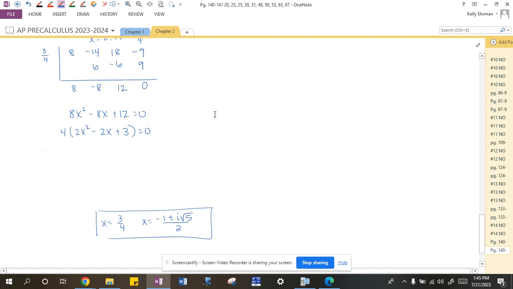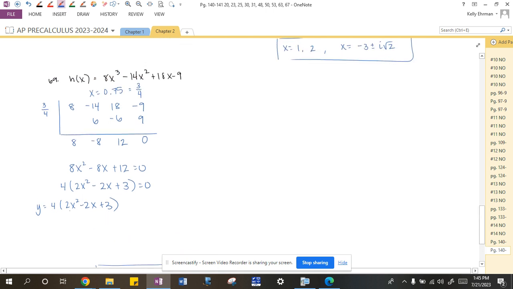Quick note, if I had to write the factored form of this equation, the 4 is out here, the 2x squared minus 2x plus 3. Notice how this already gets you the coefficient of 8x squared so far. So I wouldn't make this 3x minus 4. I would make this x minus 3/4.